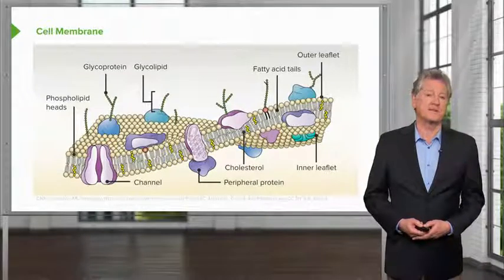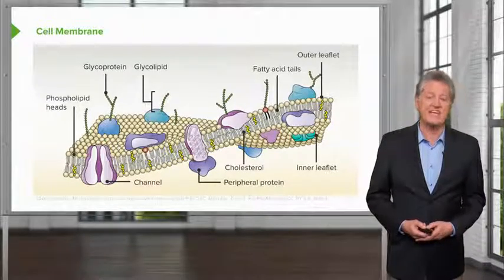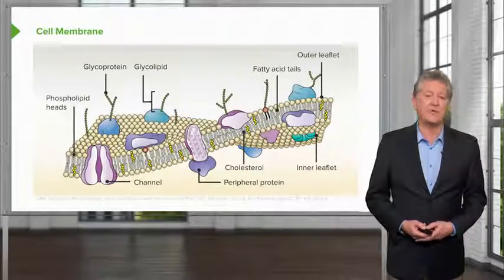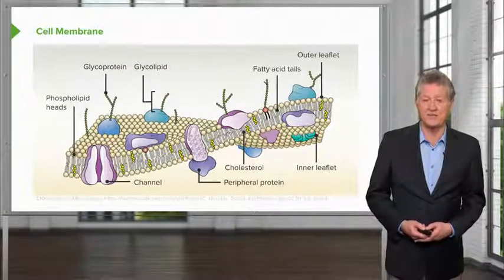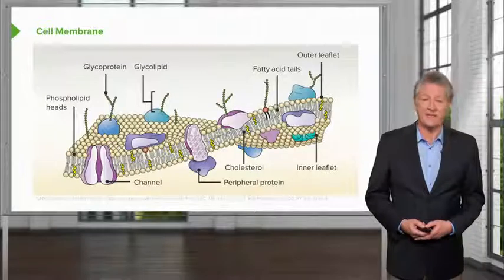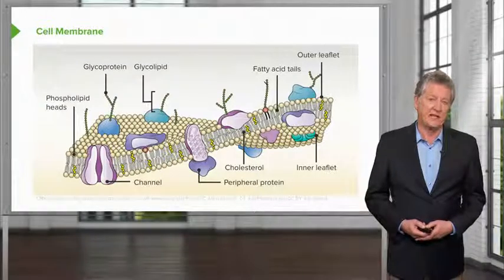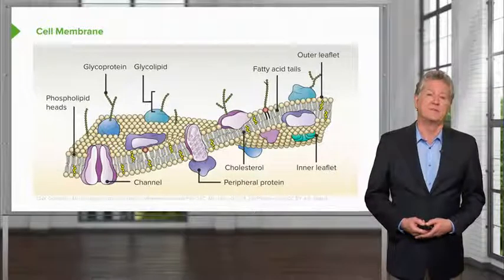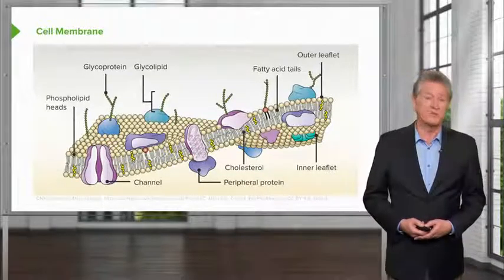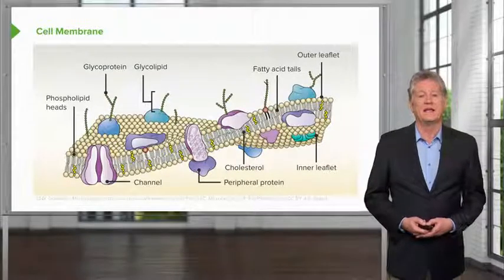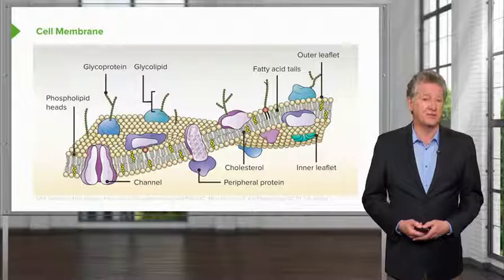Chemical messengers can attach to these receptors and initiate messaging within the cell and therefore excite function of the cell or inhibit functions of the cell. And yet other proteins you see can act as enzymes on the surface of the cell. And we'll see these in more detail when we look at the intestinal cells in lectures on the intestinal system.